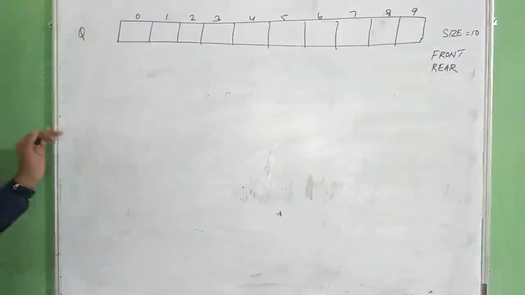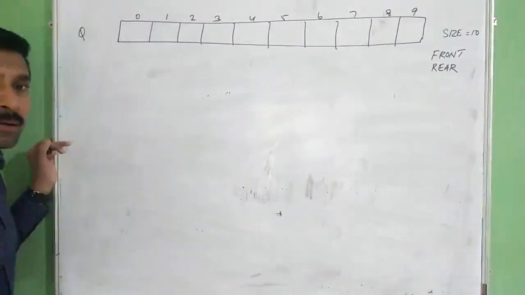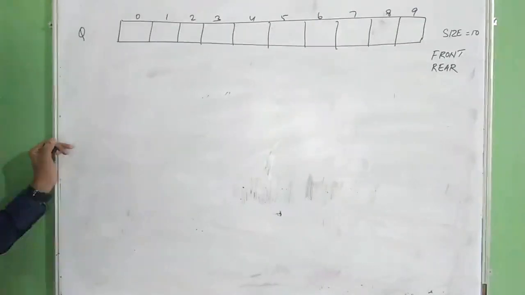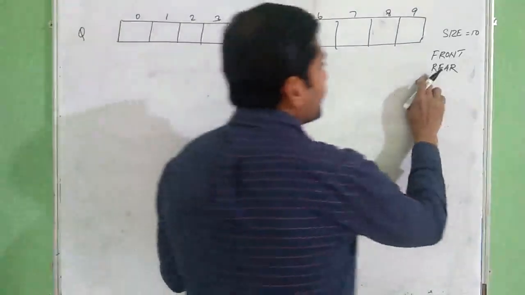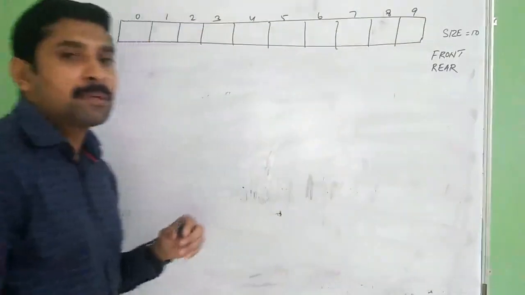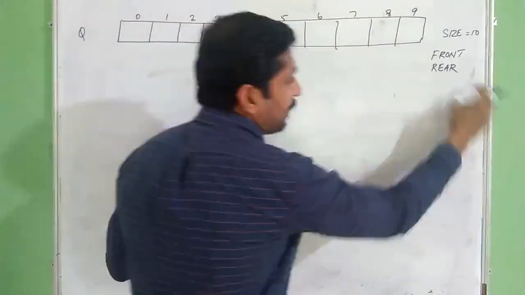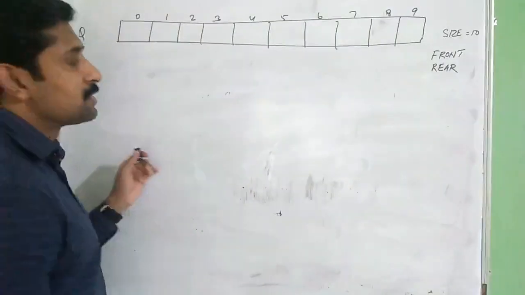So we have to check whether there is space in the queue to accommodate a new item. We check the value of rear, and based on that we will take the decision.